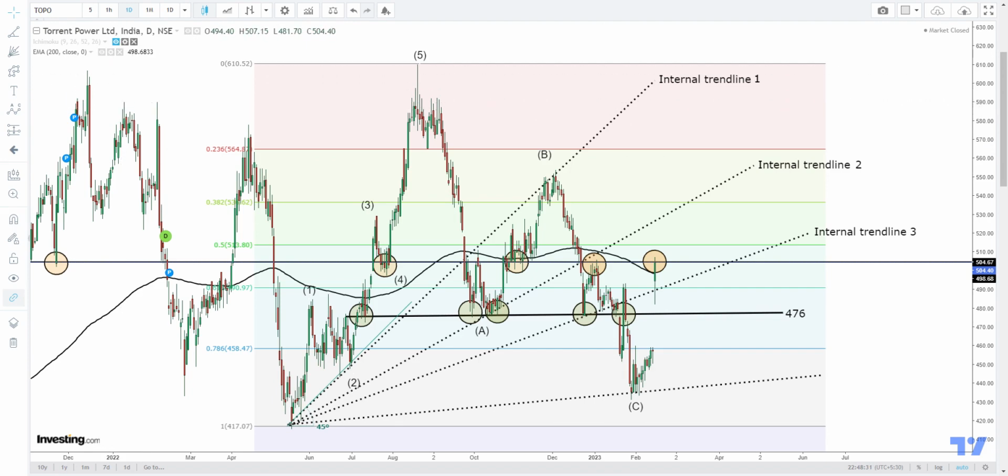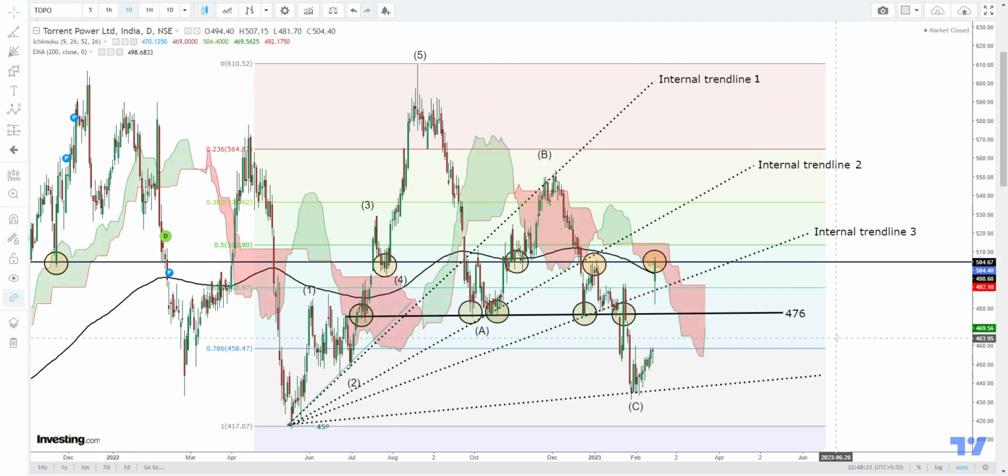Now, a tool which I use quite often is the Ichimoku cloud. If you understand the behavior of the cloud, the price is well within the cloud, and this particular flat Kumo is confluencing with a very important critical area, which is 50% of Fibonacci.